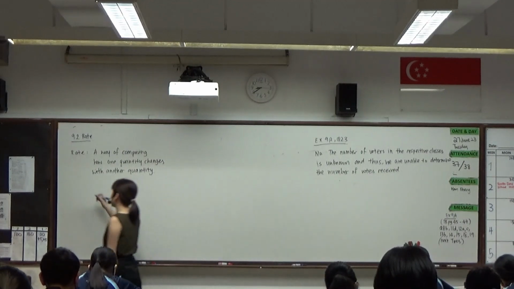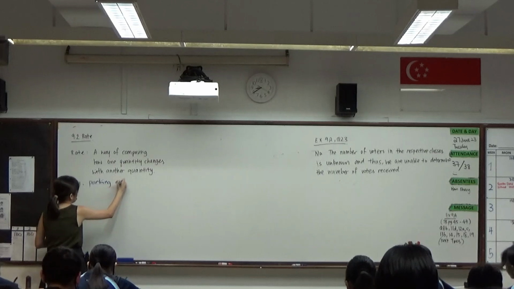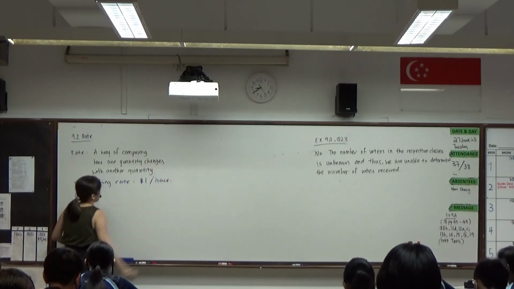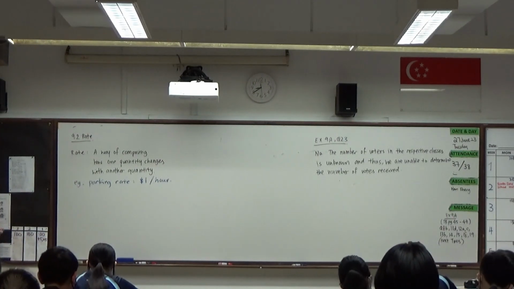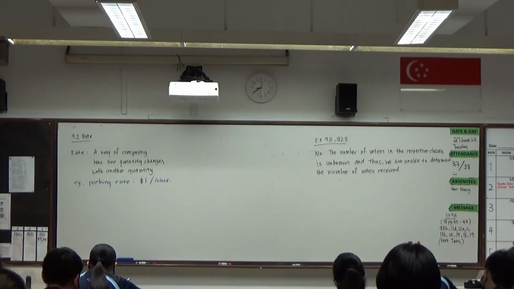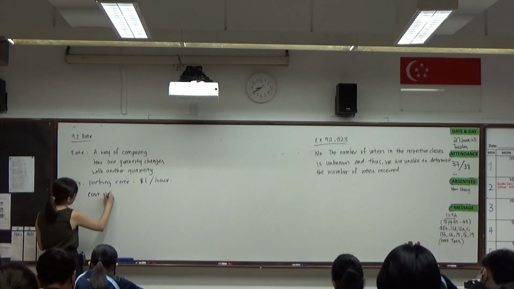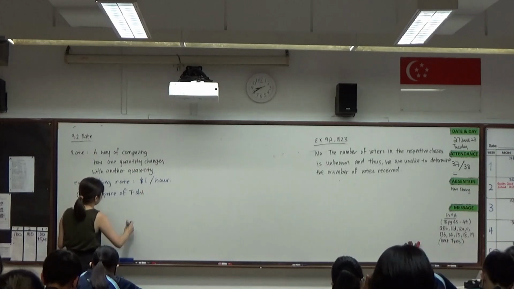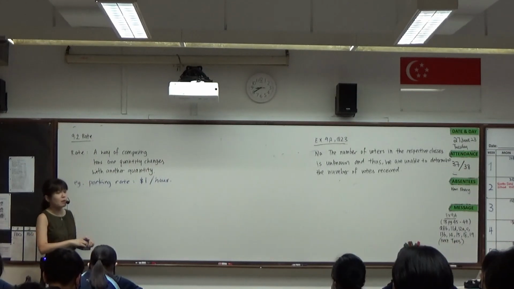For instance, like your parking rate, maybe $1 per hour. There can be times whereby for rate we don't associate with time. So, for example, cost price. For example, like yesterday our class test, right?